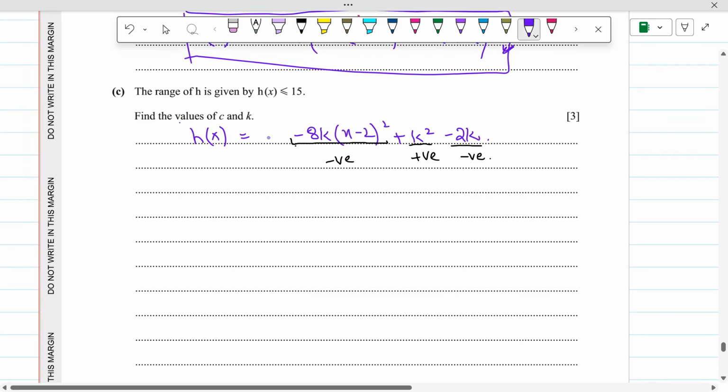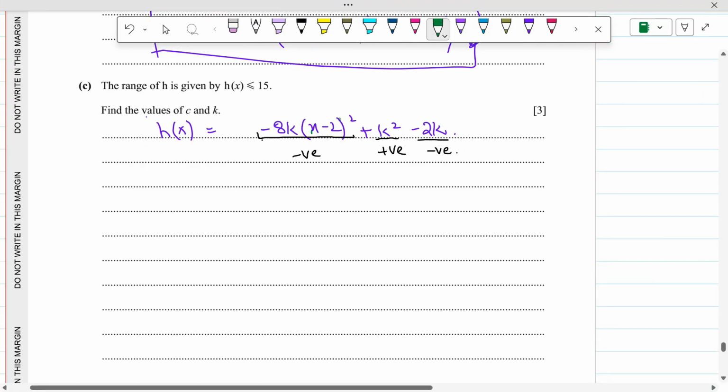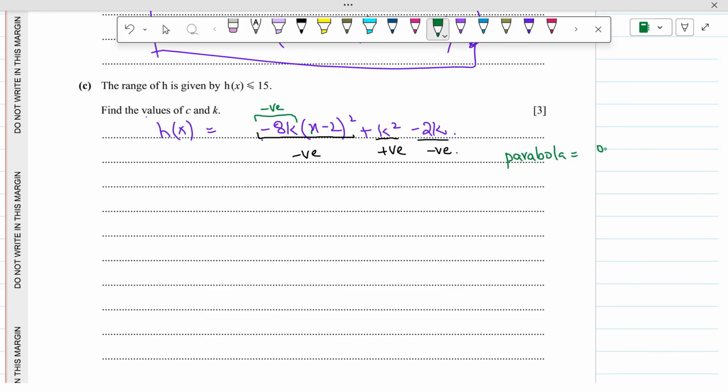This equation h of x is a parabola because we have (x minus 2) whole square, and it has a negative coefficient. So the parabola will open downward.